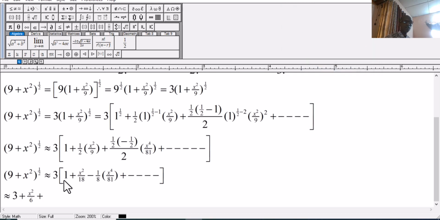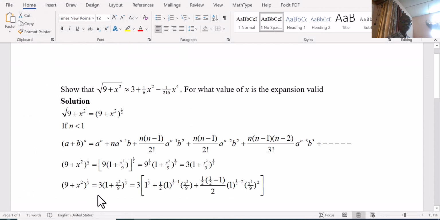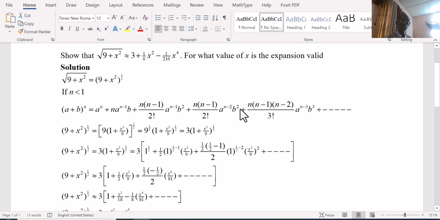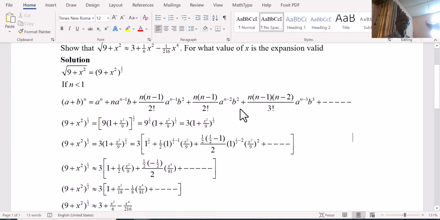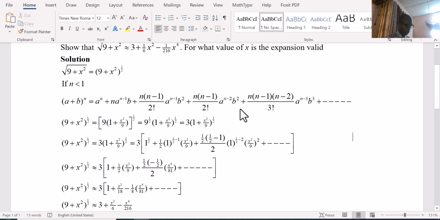So what we have there is minus x raised to the power of 4 over 216. So this is what we are going to get for this expansion. You can look at it, you can see that this is what we have for the expansion.